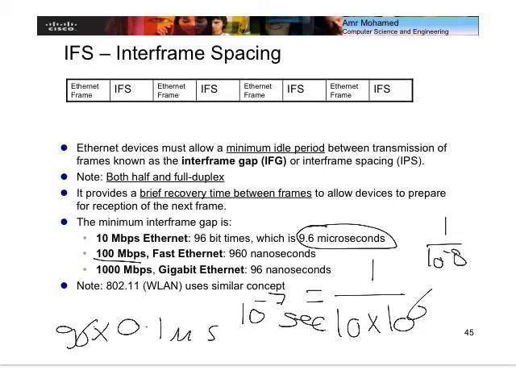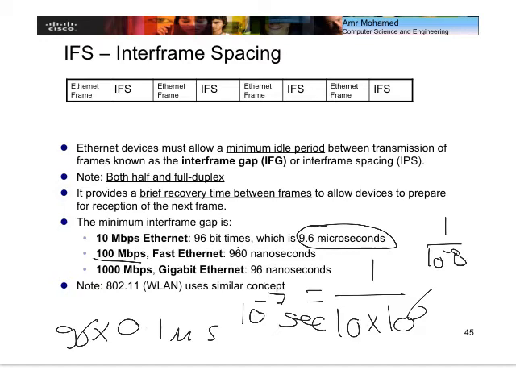Multiply by 1000. Which is this time divided by 10. And in gigabit, it's this time divided by 10 again. So I can calculate the interframe spacing as a duration for any speed of Ethernet.